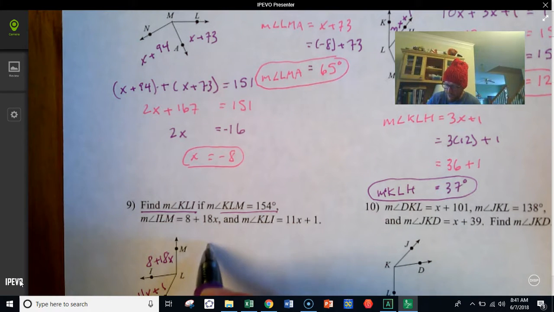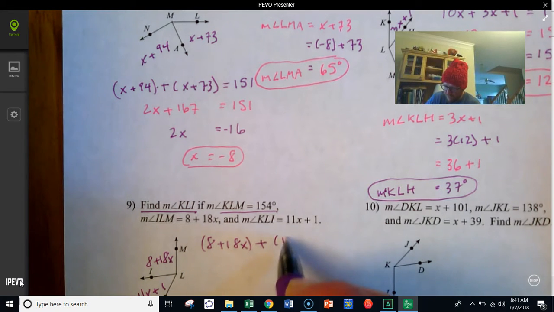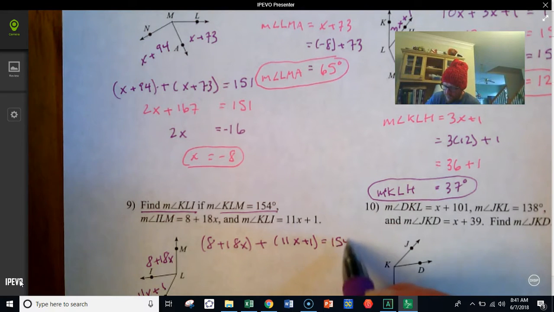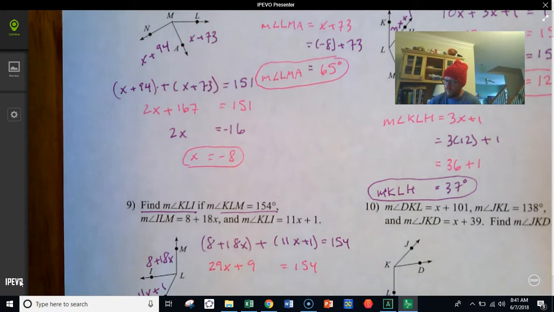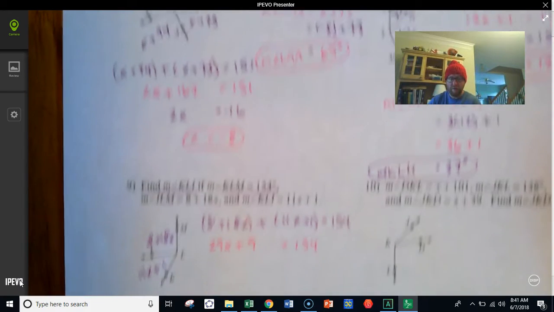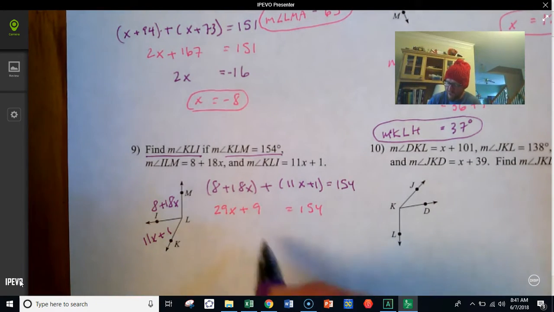So we have 8 plus 18x plus 11x plus 1 equals 154. Combine like terms. 11x and 18x is 29x. 8 and 1 is 9. 154. Take away 9 from each side.